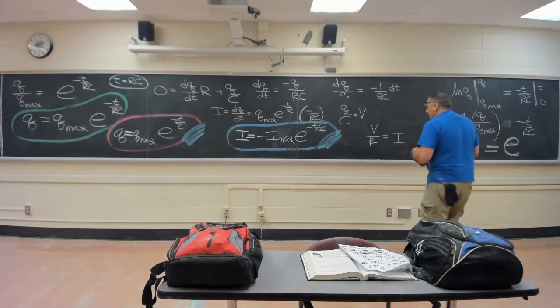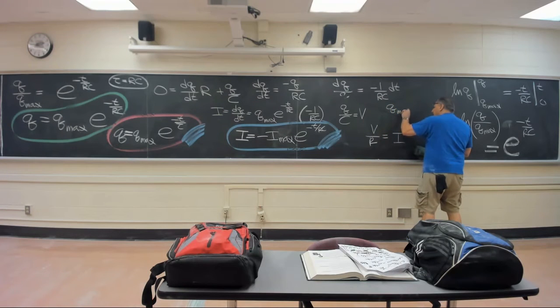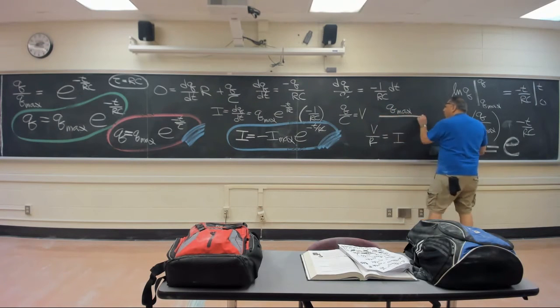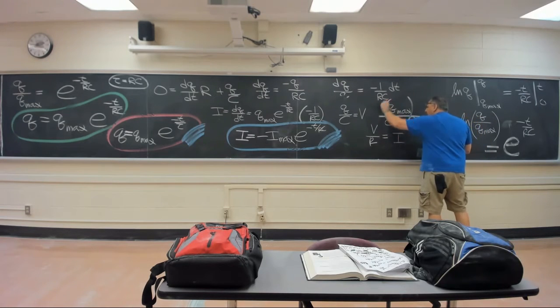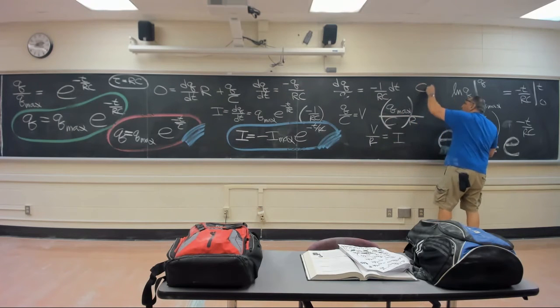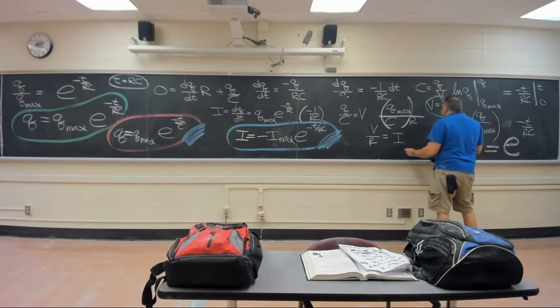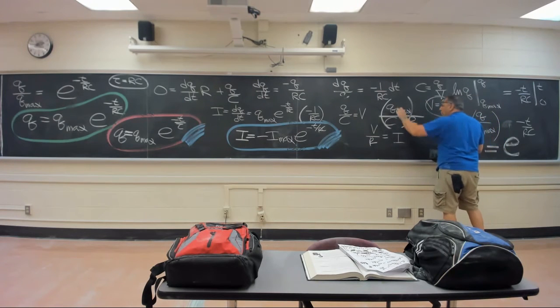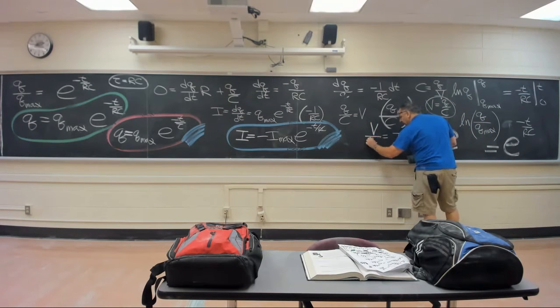Again, the whole thing was Q max over RC, or CR. Well, this thing right here, Q over C, you know that C is Q over V. V is Q over C. Then you got V over R. That's associated with a current.